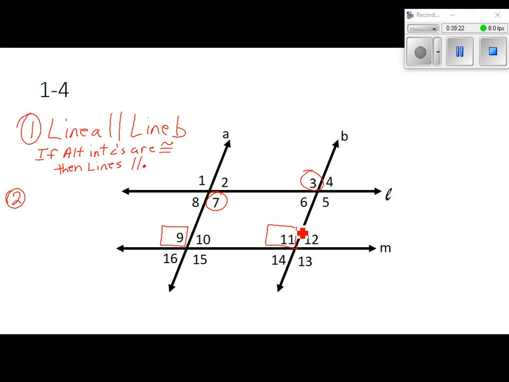Line A and B again. Line A is parallel to line B. How do we know that? What kind of angles were they? So if corresponding angles are what to each other? Congruent. Then what do we know?